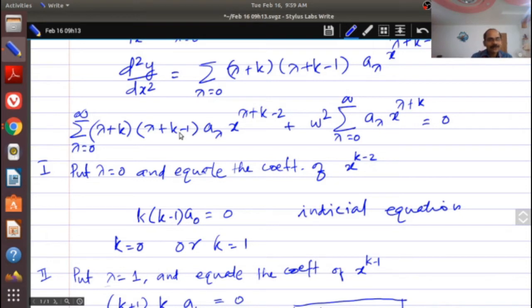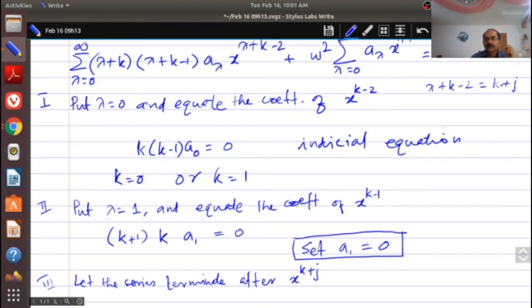Here this is going to be a little bit tricky. You need x raised to k plus j, or lambda minus 2 is equal to j. Lambda plus k minus 2, x raised to lambda plus k minus 2, we need to put k plus j.